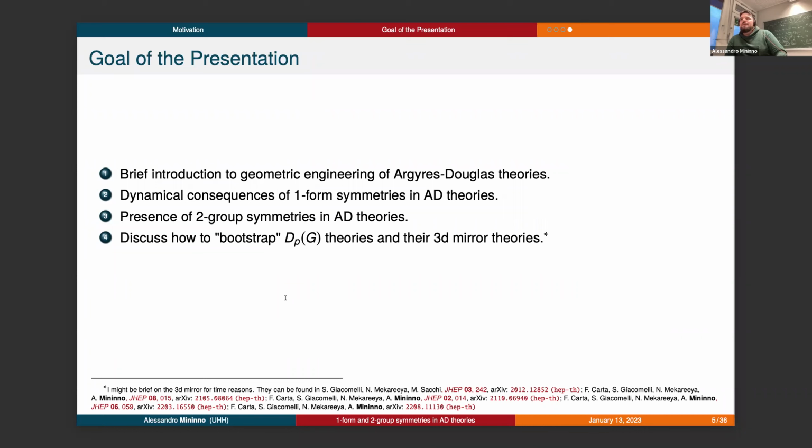And what I would like also to end with is to discuss what have been called the bootstrap of DPG theories. And if I have time, I can also discuss how this bootstrap translates if you look at the 3D mirrors. But for time reasons, maybe I will skip the 3D mirror.